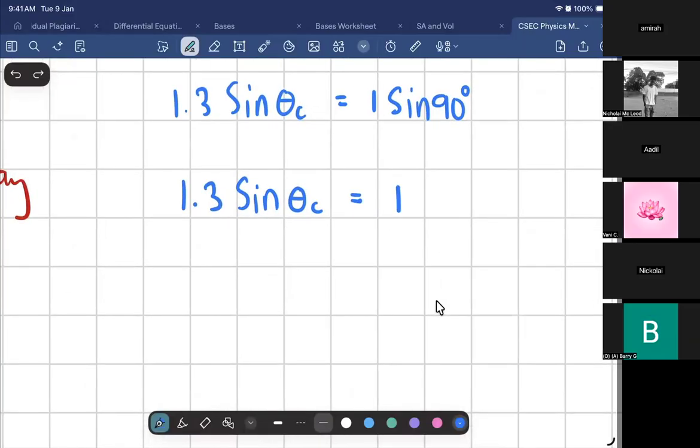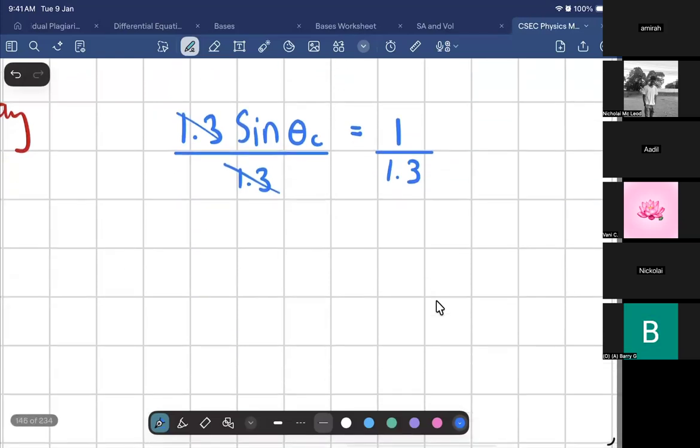So how are you going to do that? We're going to divide by 1.3, because you have to cancel it off. Right, so now we just have sine theta c. So sine theta c is equal to 1 over 1.3.